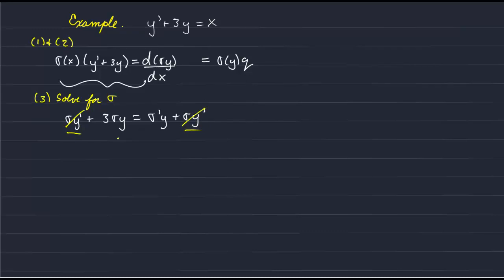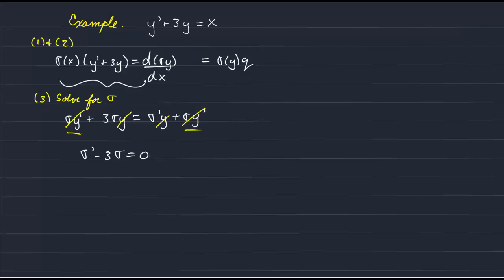You subtract from both sides and they cancel. And we also see that the y's cancel. And we are left with a first order homogeneous ODE in terms of sigma. So we have sigma prime minus 3 sigma is equal to 0.